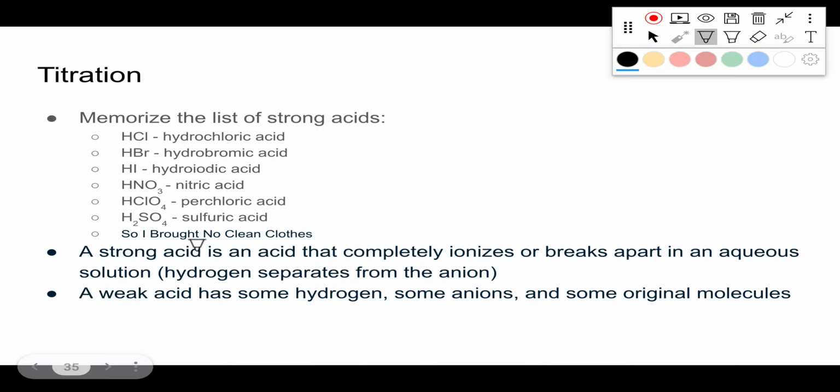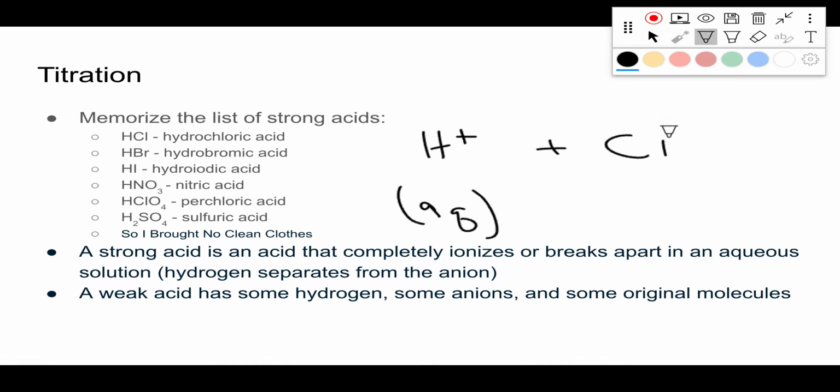So why does that matter? Because strong acids are always going to be aqueous. They're going to separate. The ions completely separate. That's what we saw with HCl. It's going to separate into H plus and Cl minus. They're going to separate out completely. Weak acids are going to be liquids. They're going to stay together. Some are going to separate, but most of them are going to stay together.